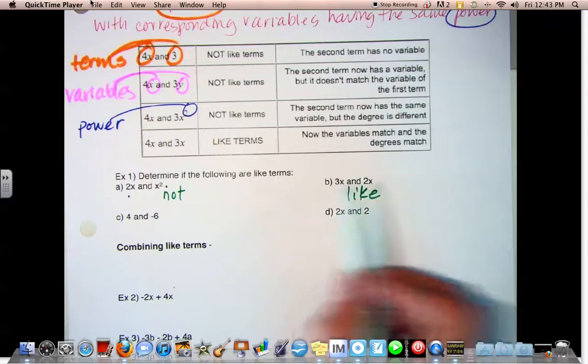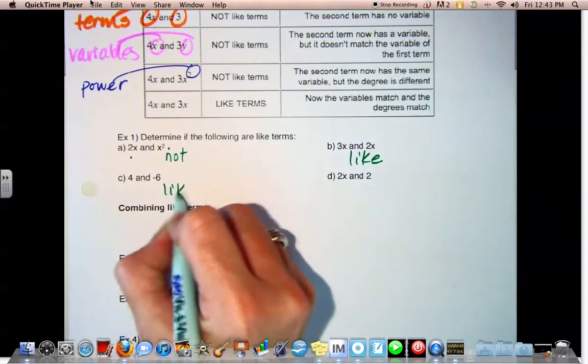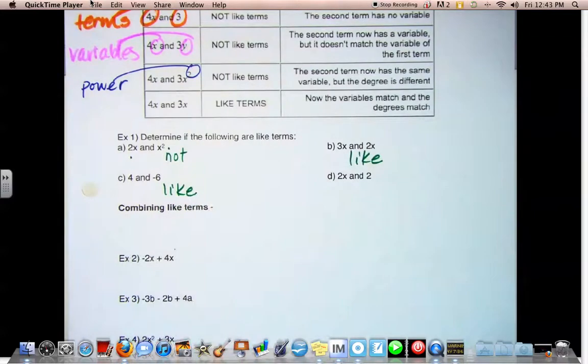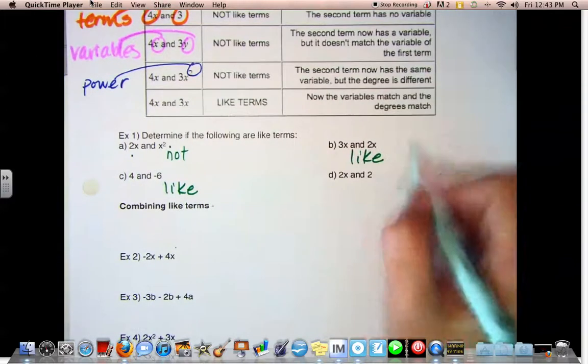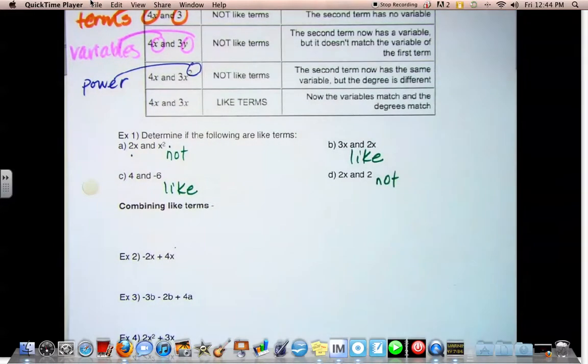They're both raised to the first power. 4 and negative 6. Yes, you can combine these. There's no x, but there doesn't have to be an x in order for it to be a like term. So these are like terms. 2x and 2. No. Why not? One has an x, one does not.